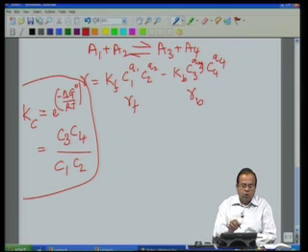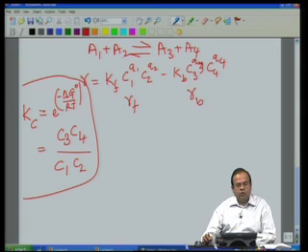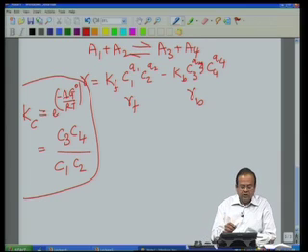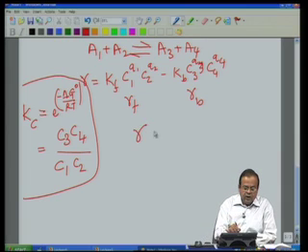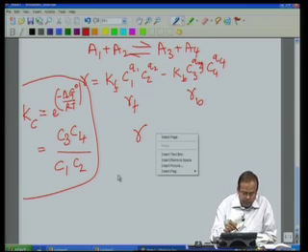We also talked about what is actually happening at equilibrium: the forward rate of reaction is counterbalanced by the reverse rate of reaction. So, if that is the case, then what is the rate at equilibrium?